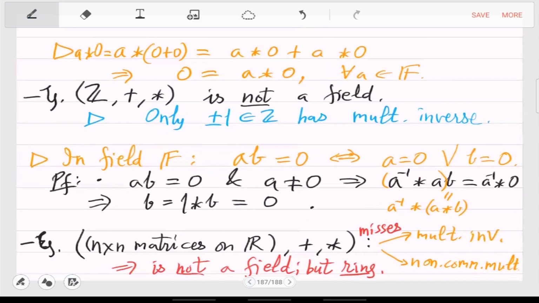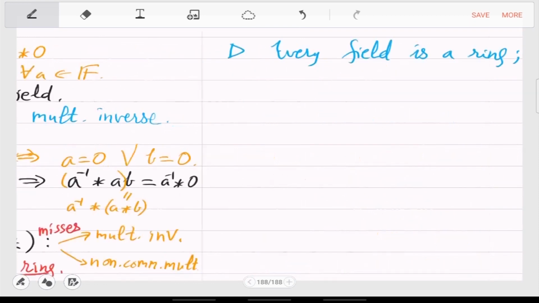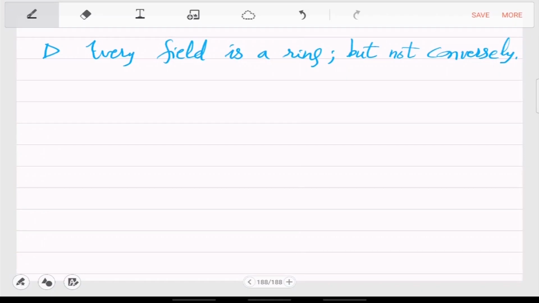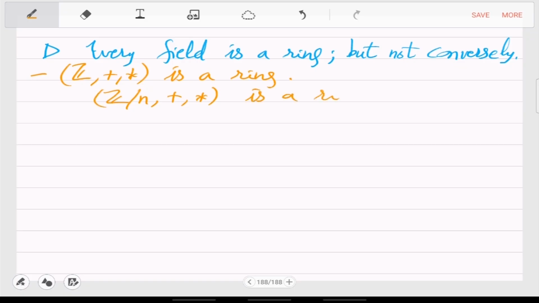Okay. Another example of a ring. Is Z a ring? So Z also has addition, multiplication, and most of the axioms. So interesting examples are Z, and similarly the Z/N ring. It's a ring for all n.